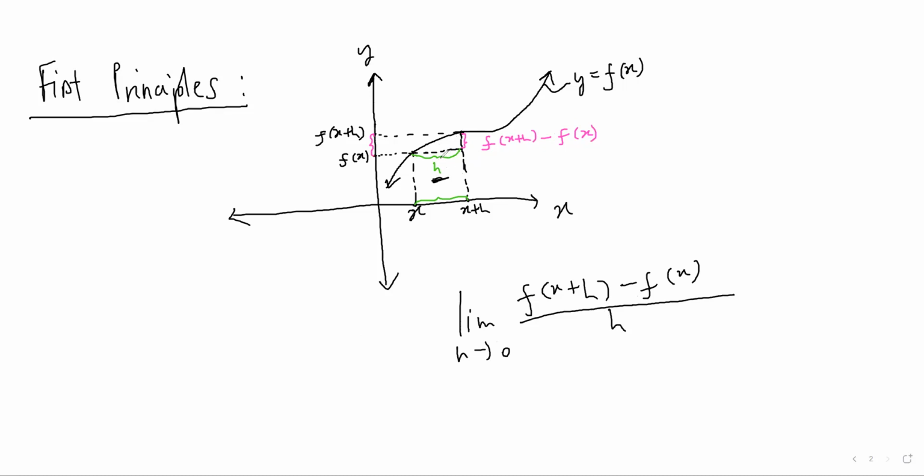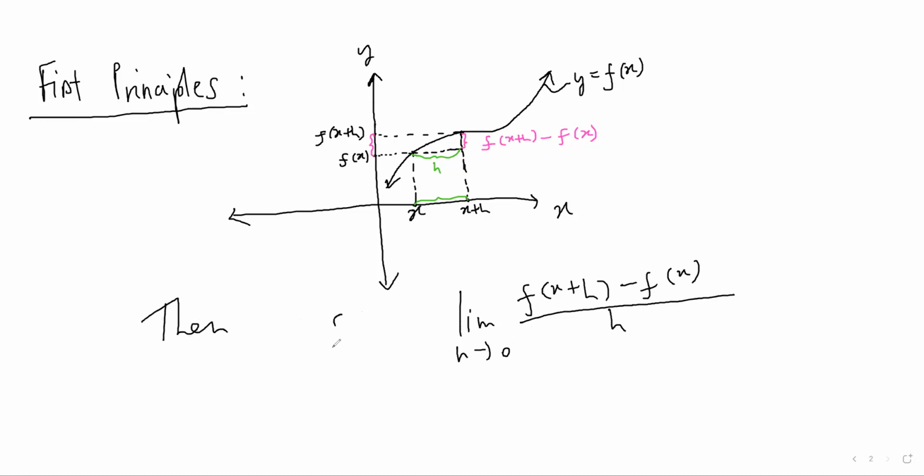So the derivative of the function f of x is defined as the limit of this gradient as h approaches 0. That's how we define it.